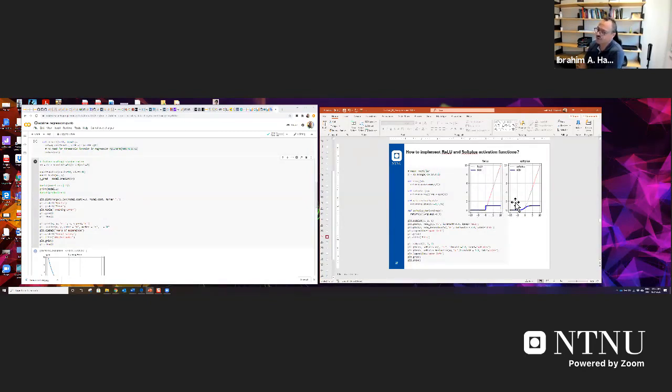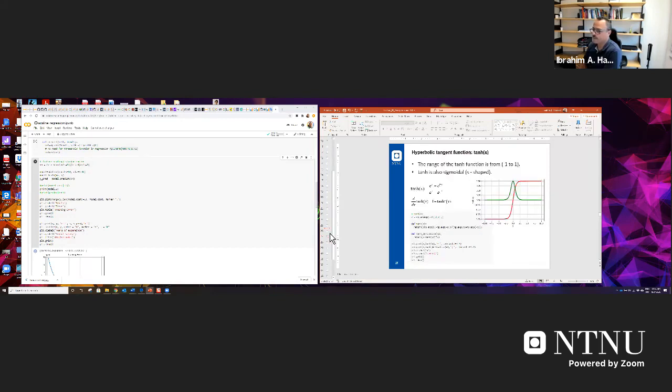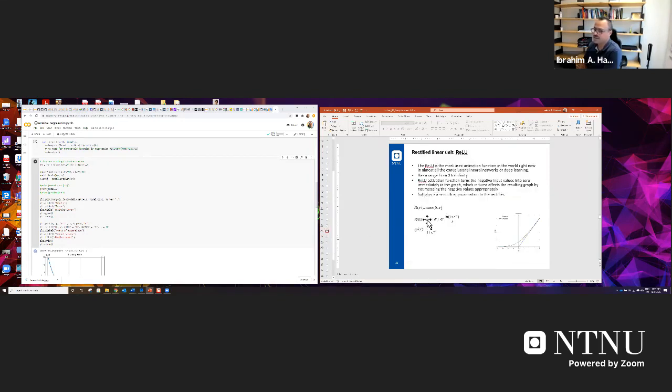If you want to use the softplus as an approximation of the ReLU, this one will be the softplus. It's log(1 + exp(x)). We will just implement it as it is.